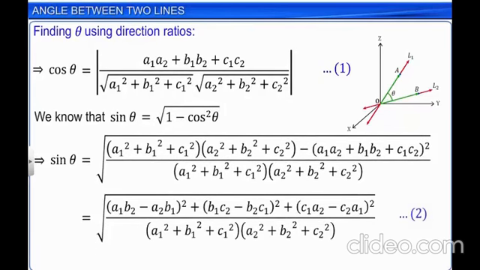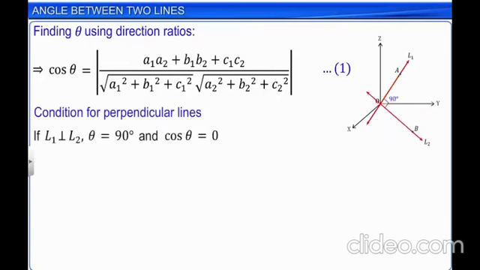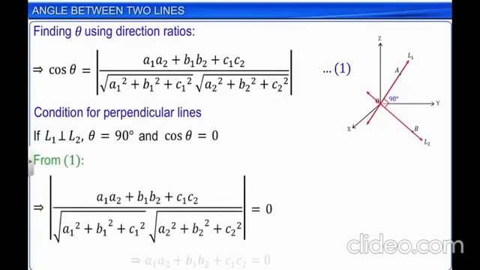These equations lead to some interesting observations. If lines L1 and L2 are perpendicular to each other, then the value of theta is 90 degrees and cos theta is 0. Equating the value for cos theta to 0 from equation 1, we get the condition for the perpendicularity of two lines.